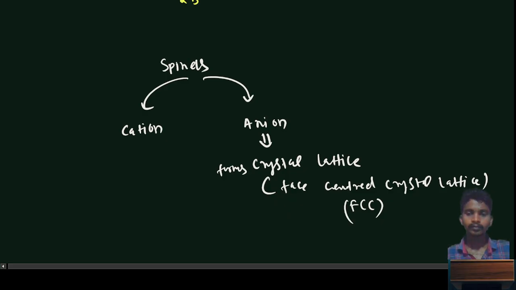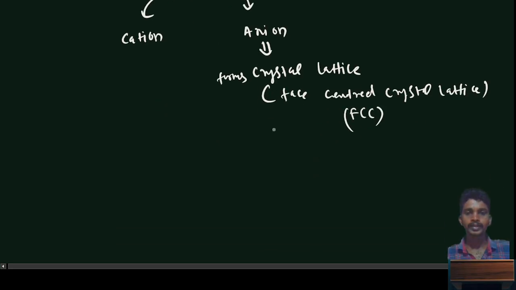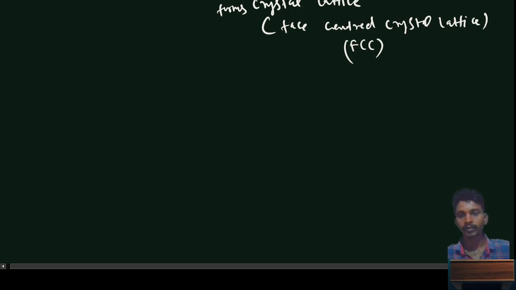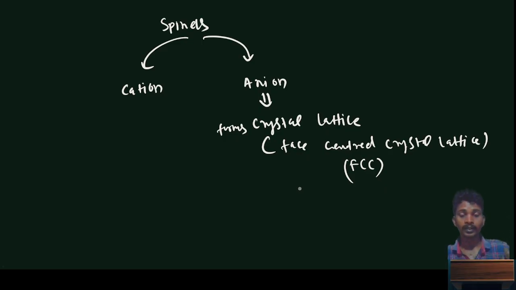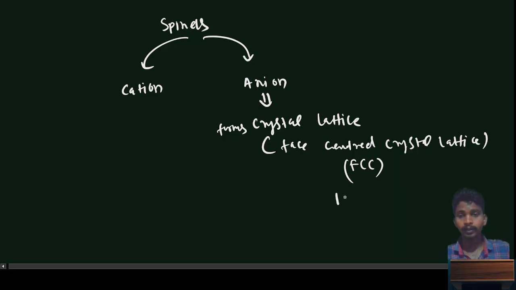In FCC, this is a non-primitive type of unit cell crystal lattice, where one is at the body center and the others are at the corners.